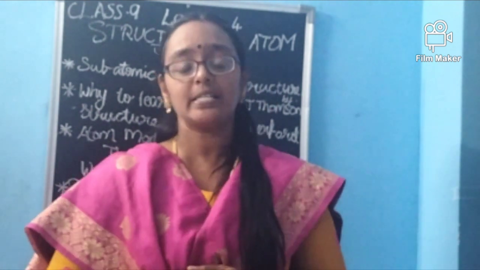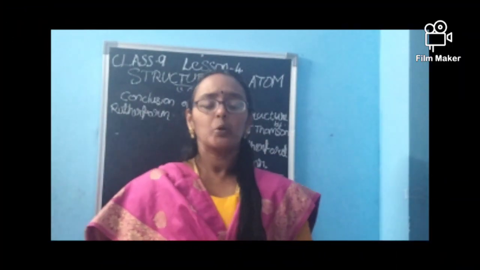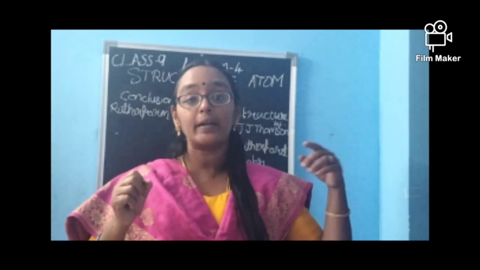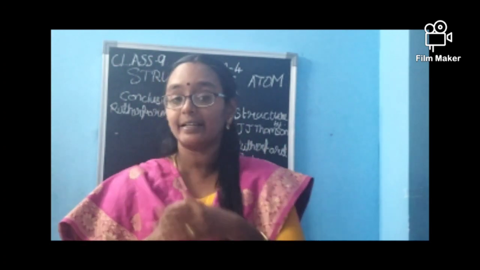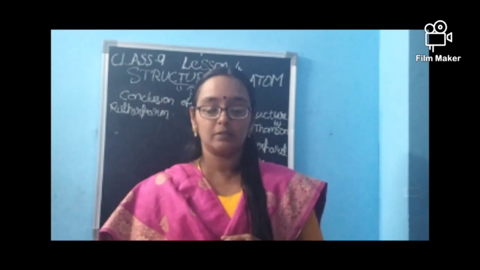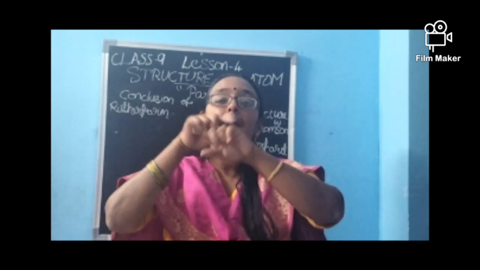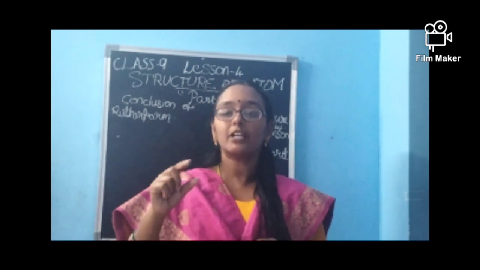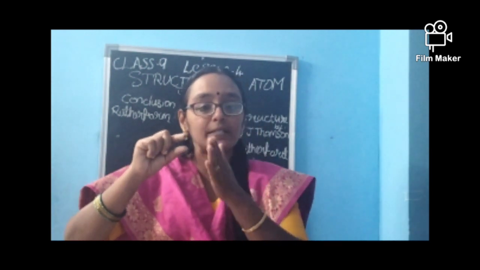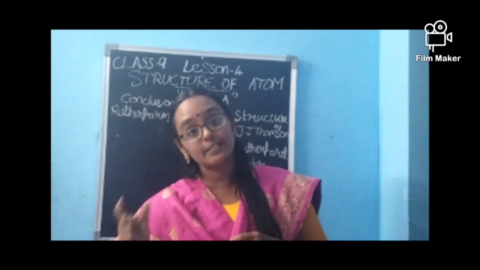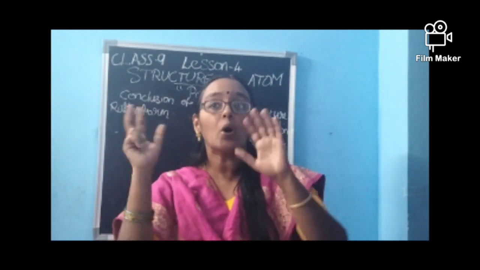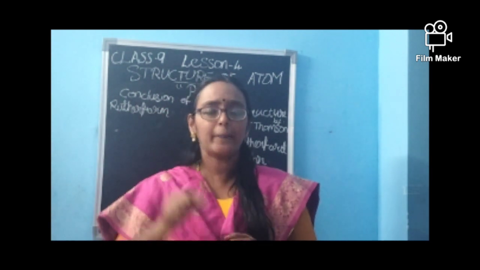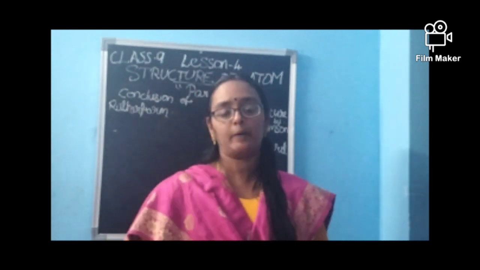From this experiment, Rutherford concluded many things. As much more alpha particles are moving in a straight line, he understood that most of the parts in the atom are empty. And the second one, when some of the alpha particles are deviated from the path, he concluded that all the positive charges are concentrated in a particular point, a particular part.